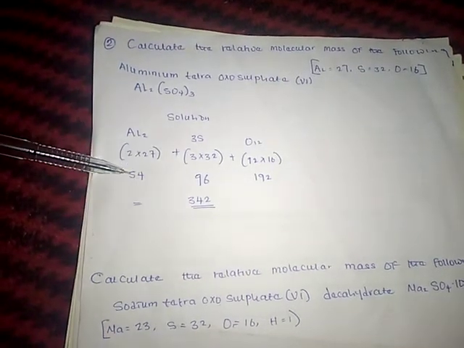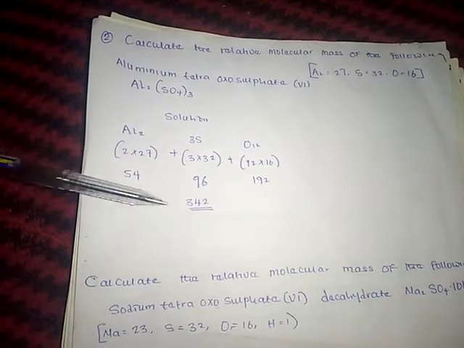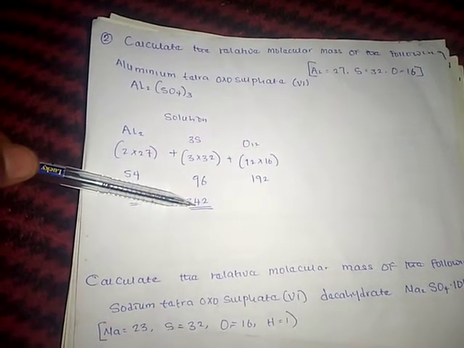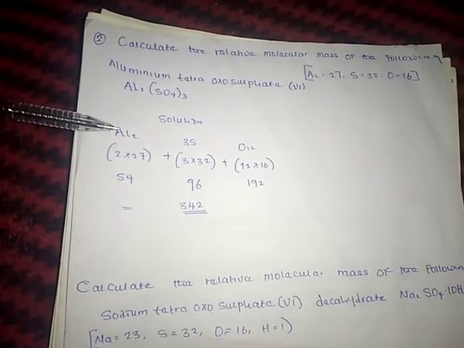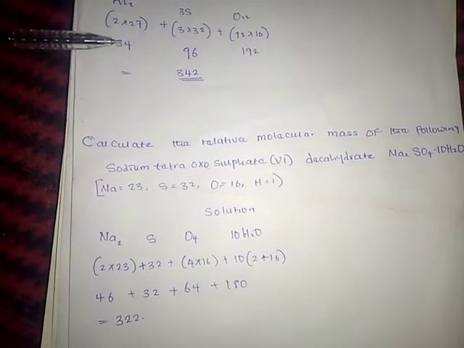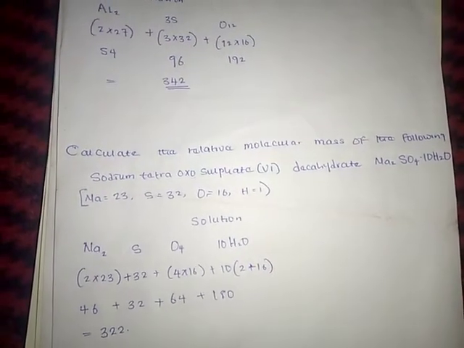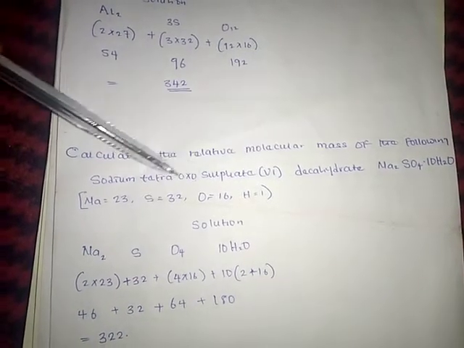So the total of them, this one plus this one plus this one, gives us 342.